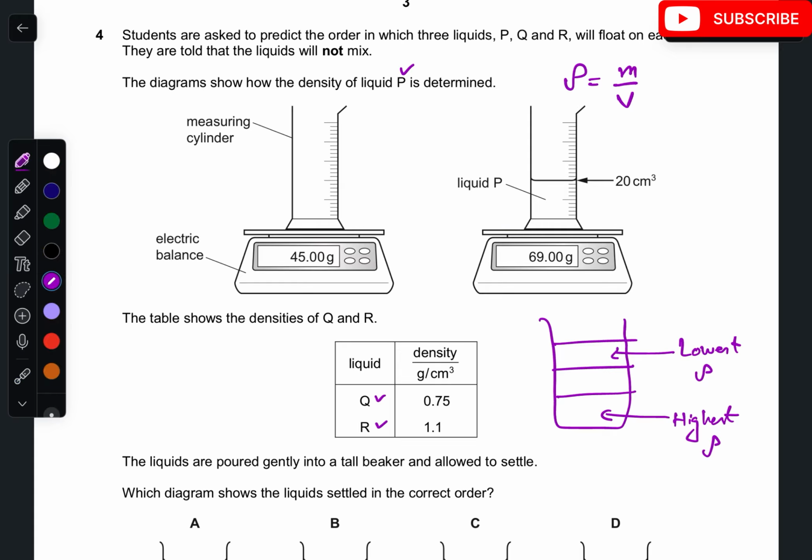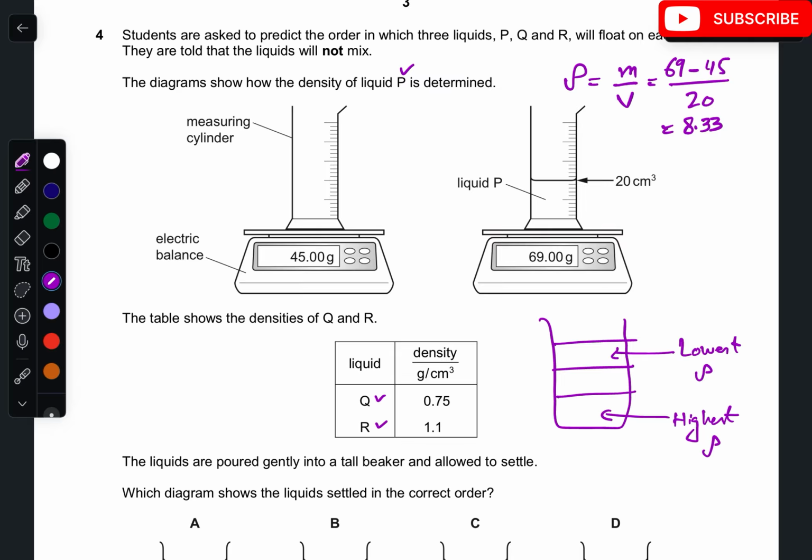So the mass of the liquid will be the difference in masses. So it will be 69 minus 45. That will be the mass, and volume is 20 centimeter cube. So when we do the calculations it will give us 8.33. So that is the density of P.